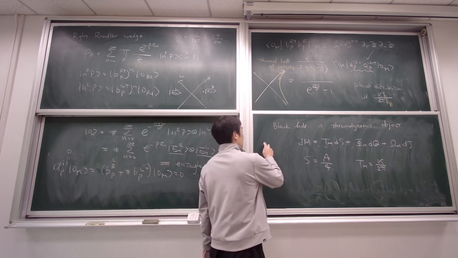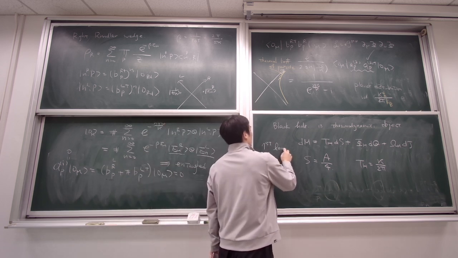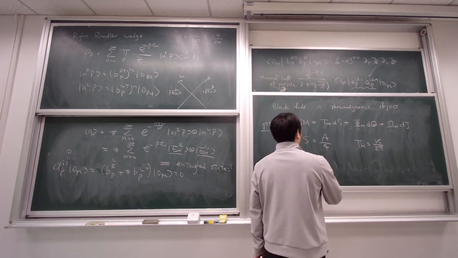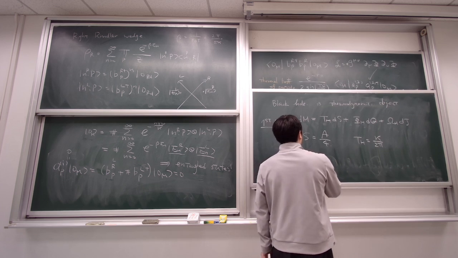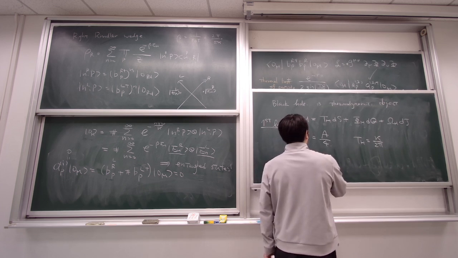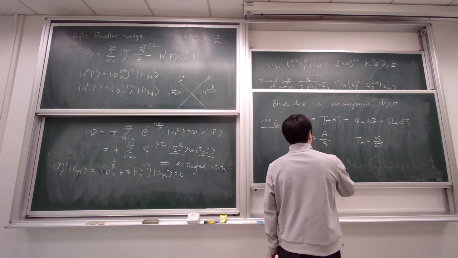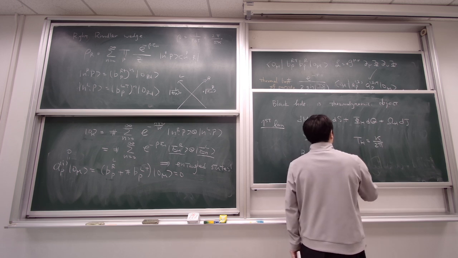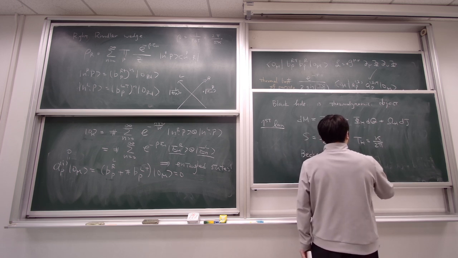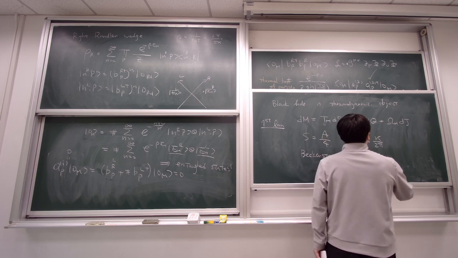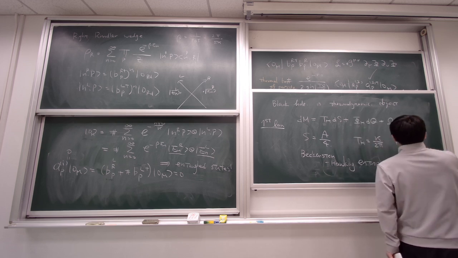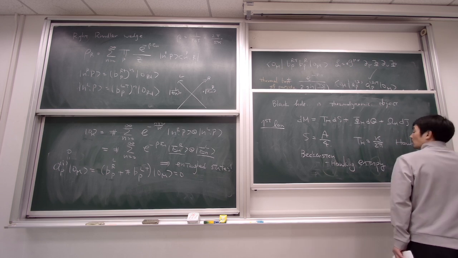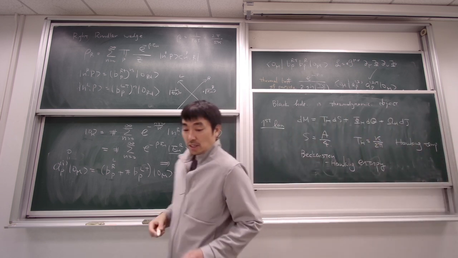Here, S equal to A over 4 is called Bekenstein-Hawking entropy, and this is called the Hawking temperature.